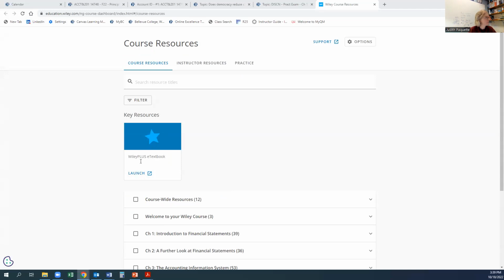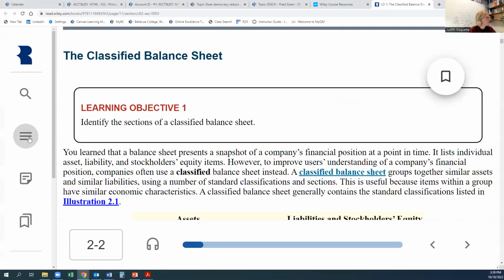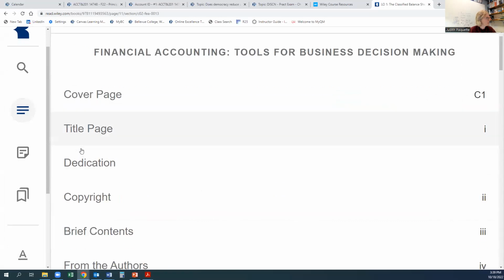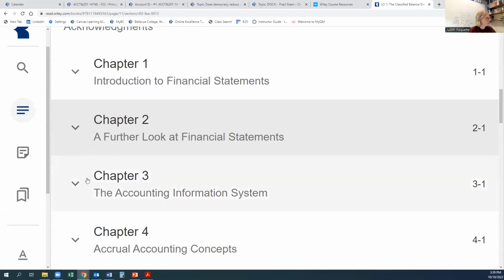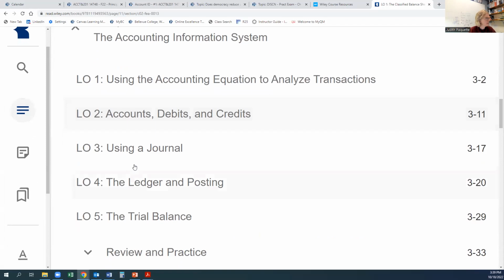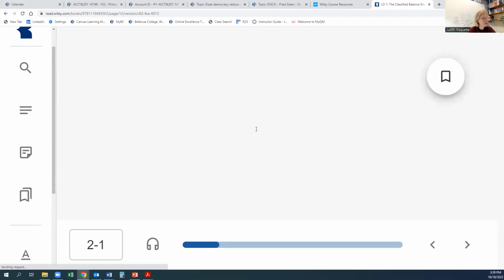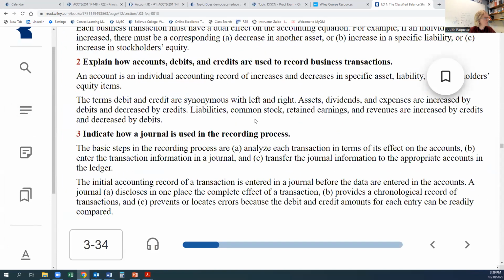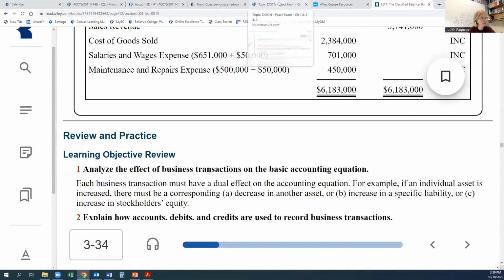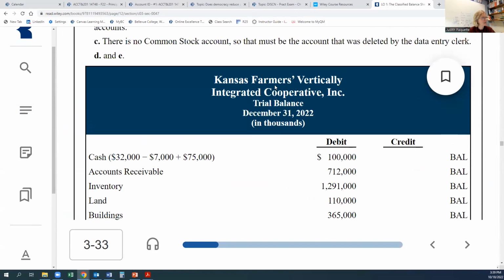If we go back to chapter 3, you can see that it says review and practice. And that's just a great place to do some problems. And it gives you the solution right there, which is kind of nice.